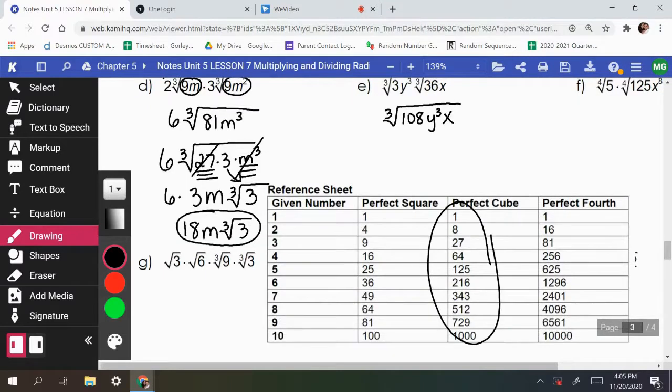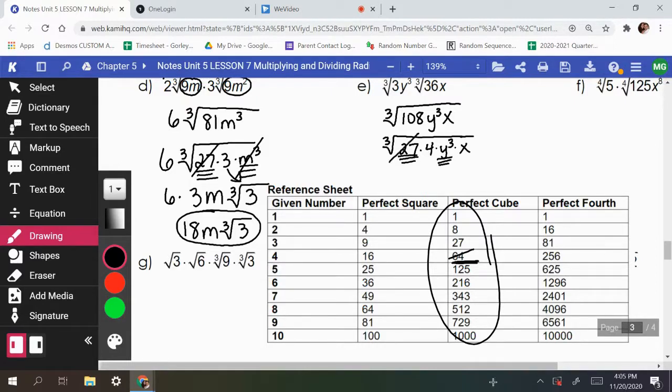I don't see that in our list. It falls here, so is 108 divisible by 64? It is not. Is 108 divisible by 27? It is. It's going to be 27 times 4. Where 27 is a perfect cube. Y cubed is also a perfect cube, but x is not.